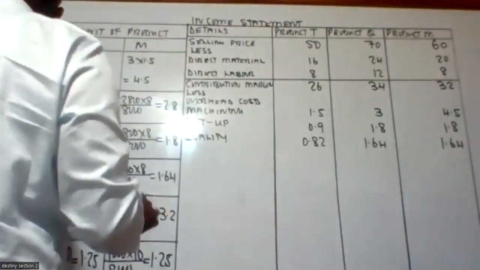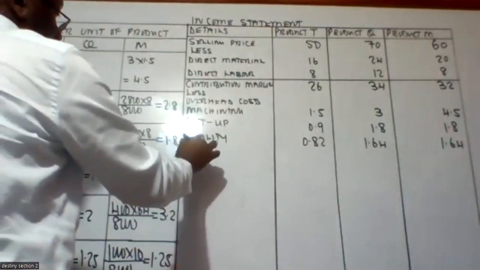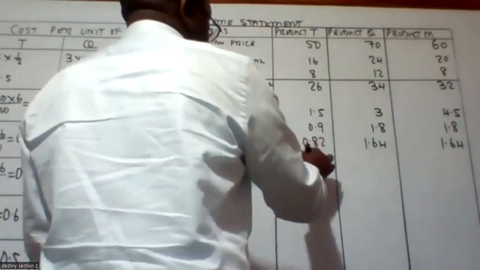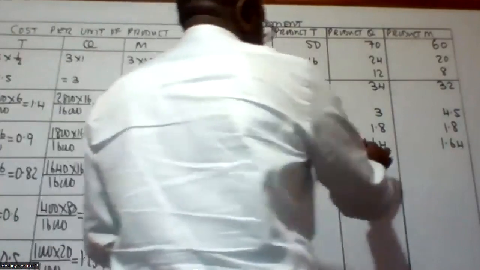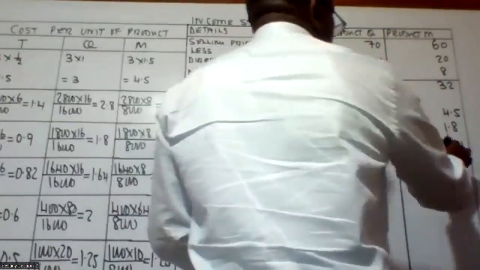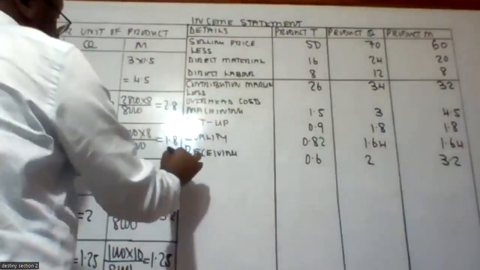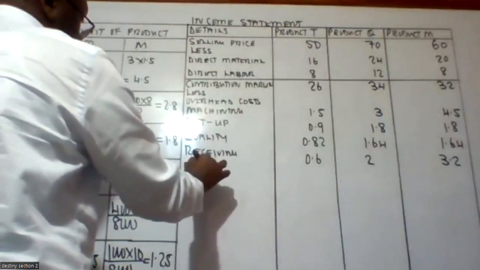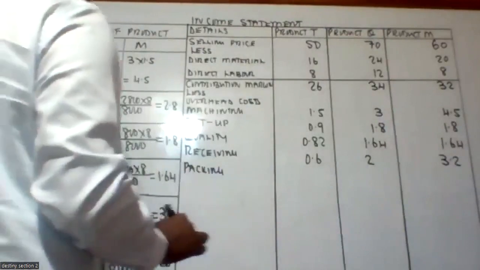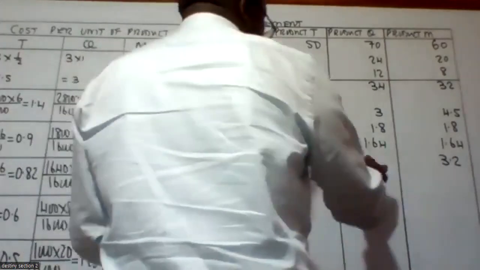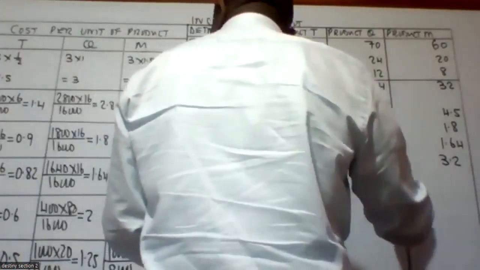The next one is receiving of materials, which is 0.6, 2, and 3.2. Then packing is 0.5, 1.25, and 1.25.